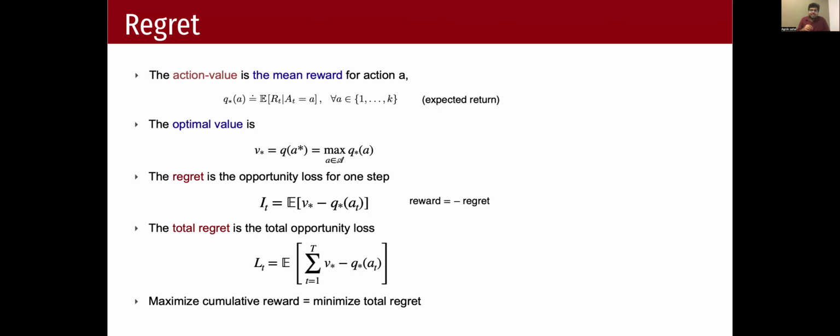Regret is a key concept in the study of multi-armed bandit problems and reinforcement learning. It measures the difference between the rewards that could have been obtained by always selecting the optimal action and the reward actually obtained by the agent over a series of decisions.